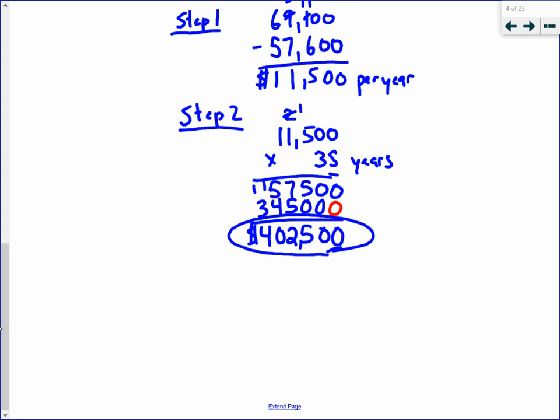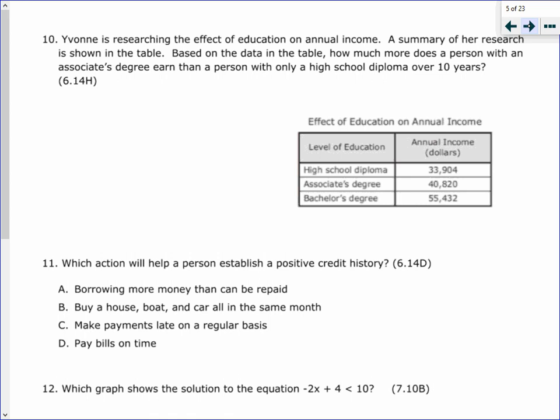So 35 years, $402,500. Assuming I didn't make any mistakes there.